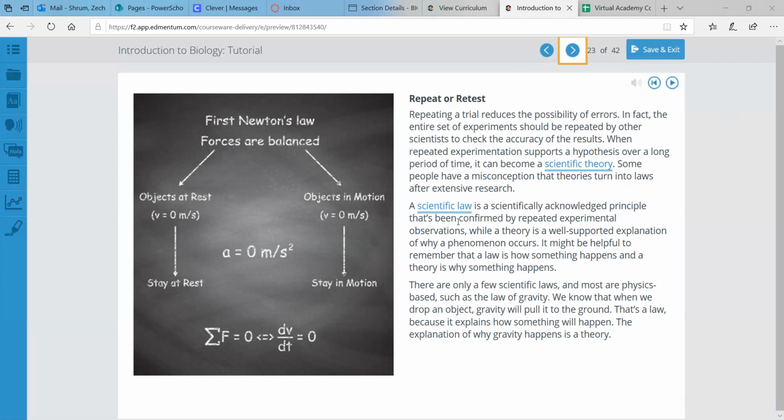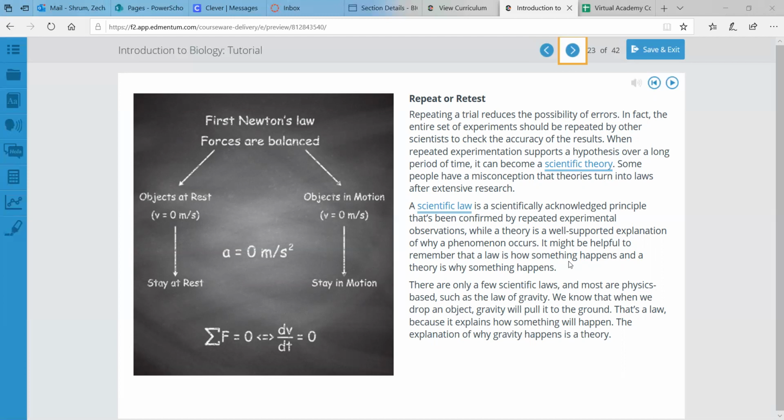A scientific law is a principle that's been confirmed by repeated experimental observation, while a theory is a well-supported explanation. It's key to remember the difference here.